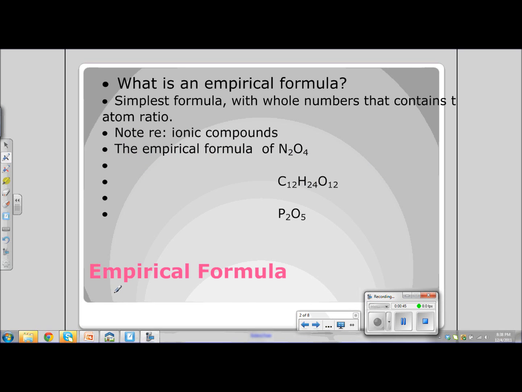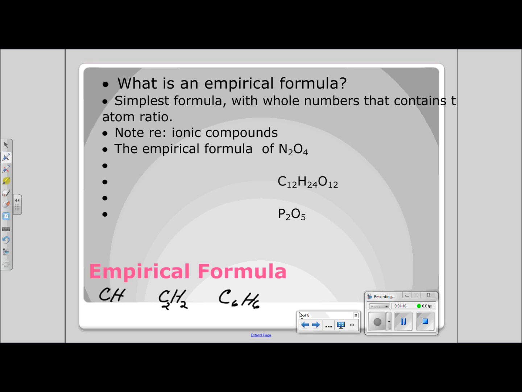All right, so what do these three formulas have in common? Let's think about it for a minute. CH, C2H2, and C6H6. Well, think about it. You got it? That's right.